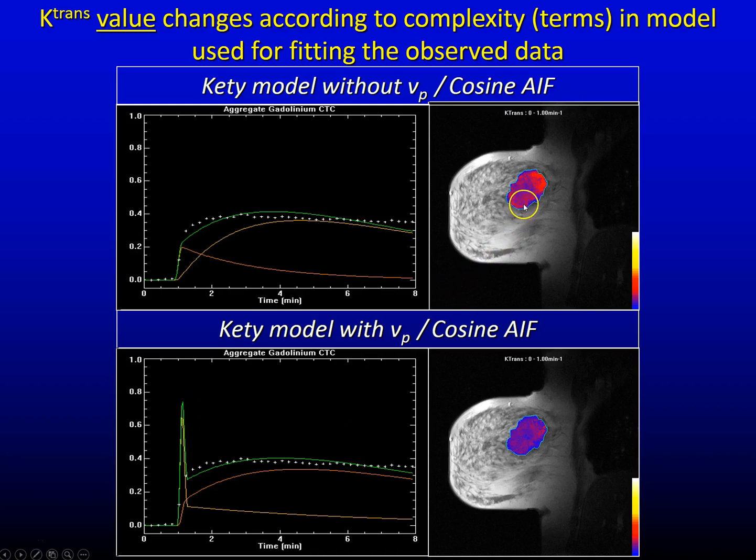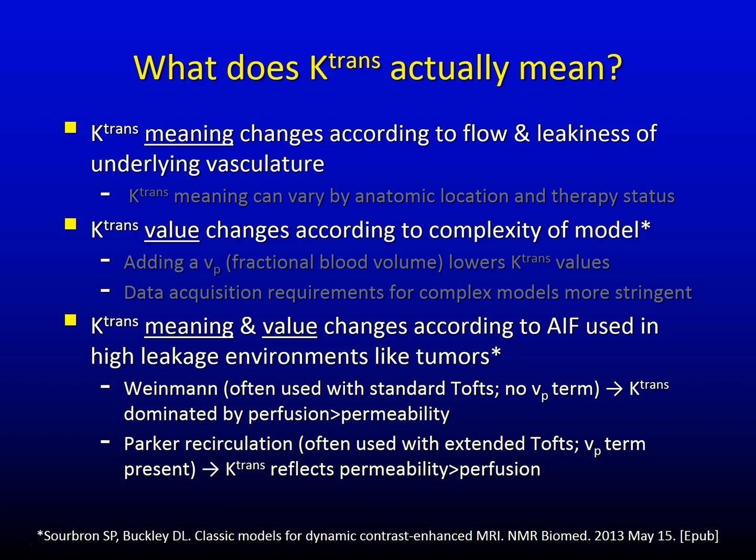Now, what I'd like you to do is to look at the value of the Ktrans. The scale is exactly the same. You can see how just by adding a vascular volume, the Ktrans value changes. So Ktrans values change according to the complexity of the model used for fitting the observed data. So that's an important thing to remember.